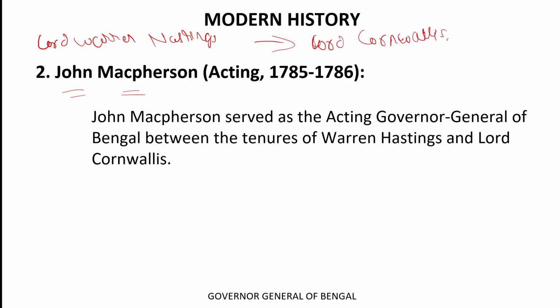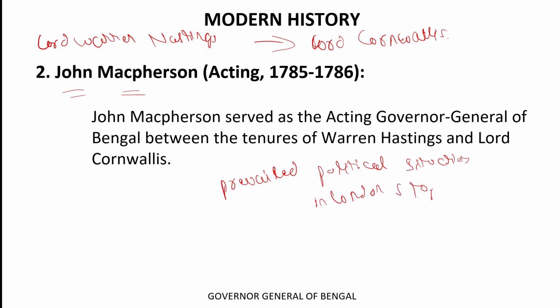But due to various political situations prevailing in London, the appointment of Lord Cornwallis as Governor General of Bengal was stopped.